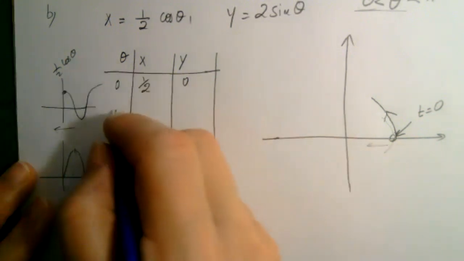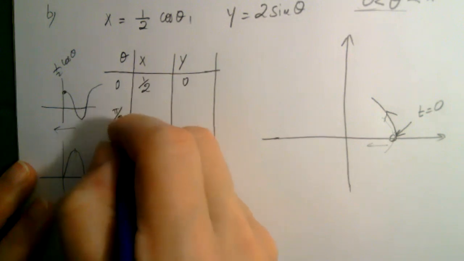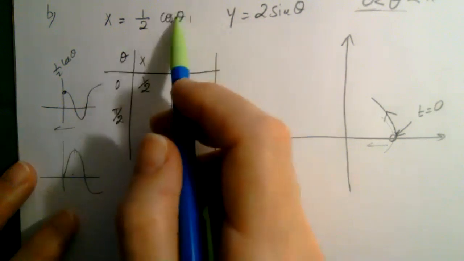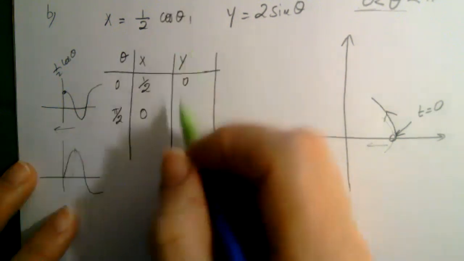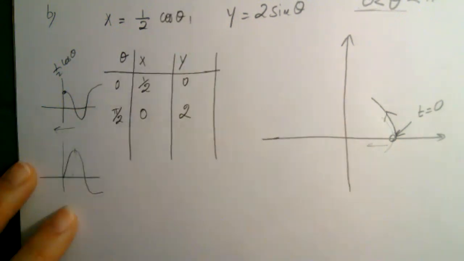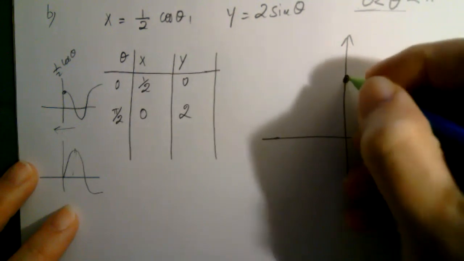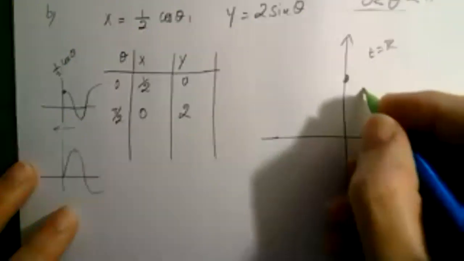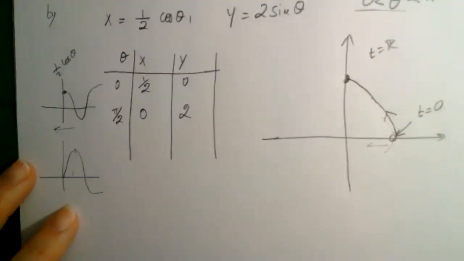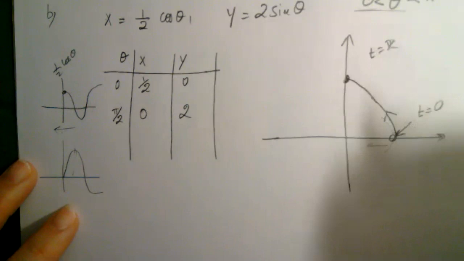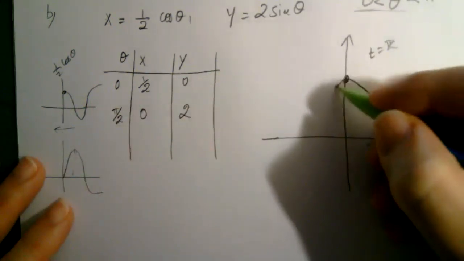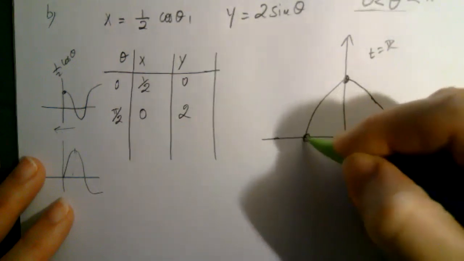If you couldn't analyze it this way, but you should, you guys are smart enough to do it, I can start plugging in some values to make sure I'm not goofing. So at pi over 2, the cosine will give me my 0 and the y will give me a 2. So this is the point at theta equal pi over 2. And in between, we're moving along the ellipse, all the way up here.